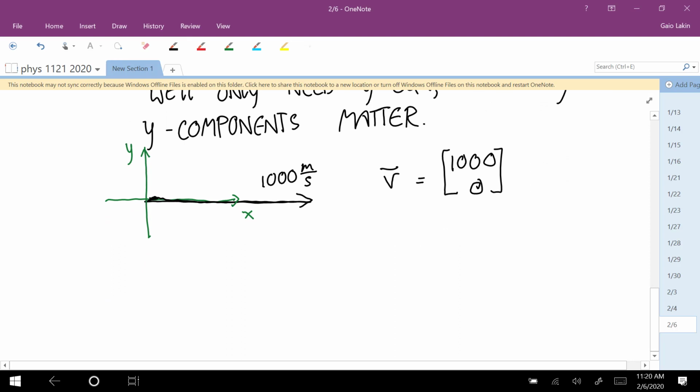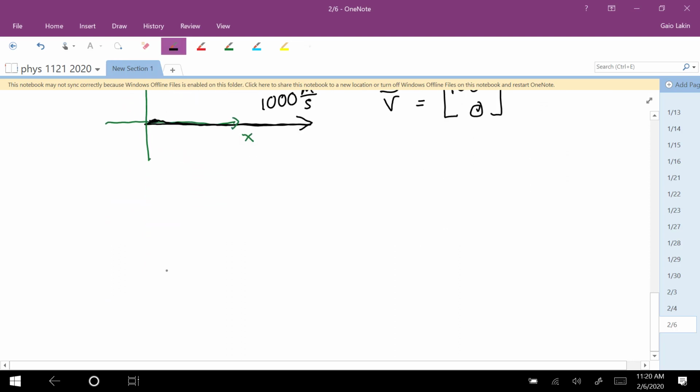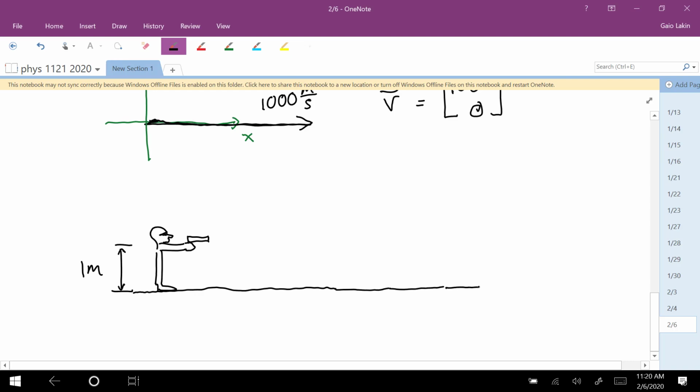All right, so let's, okay, so this height is 1 meter. Yeah, that's true. And it's going to start out with a horizontal velocity, but it's not going to go straight.